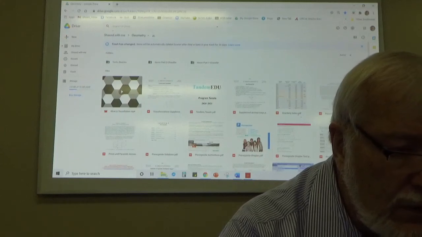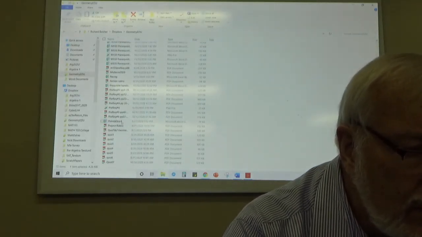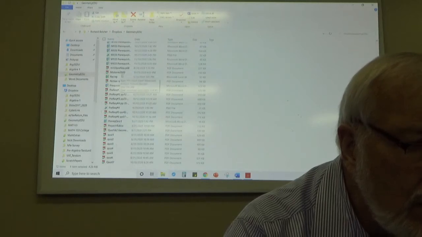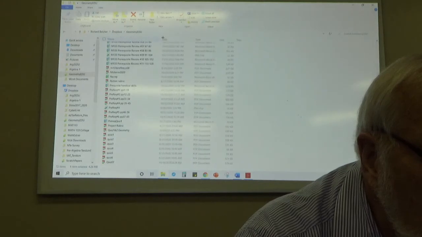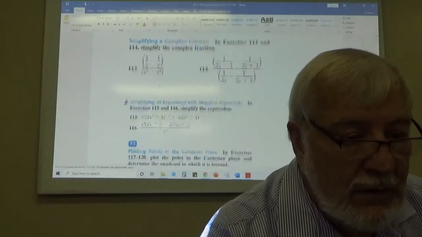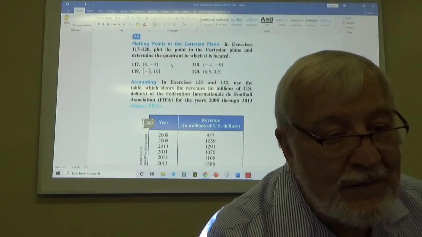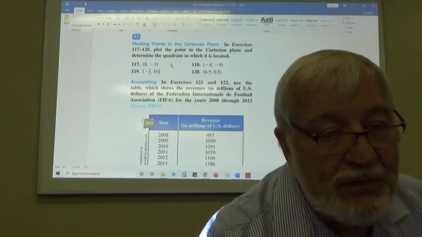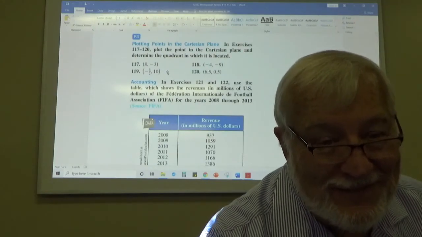All right, finding the slope of a line, which quadrant it's in, not that hard.